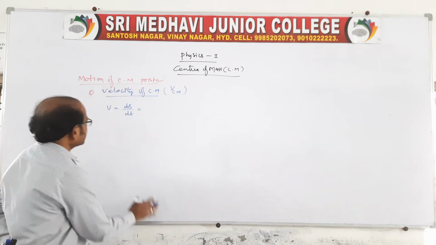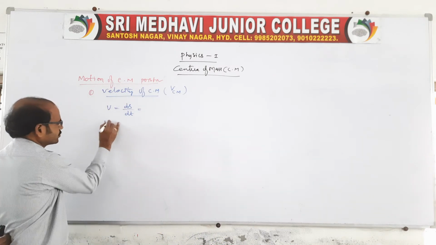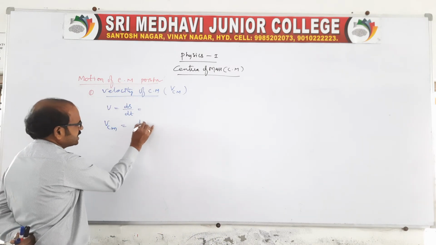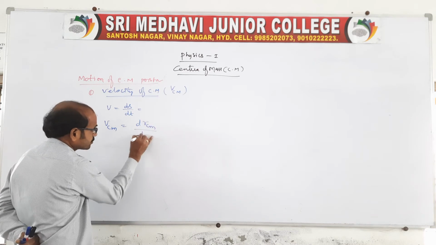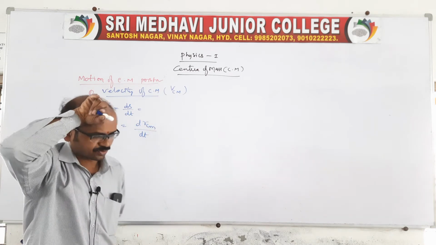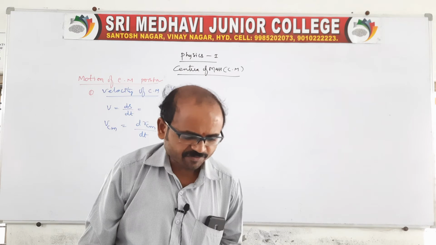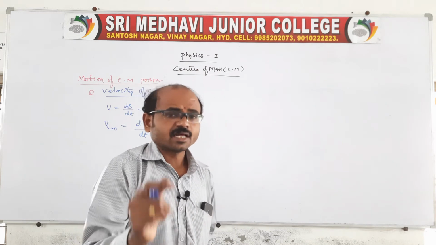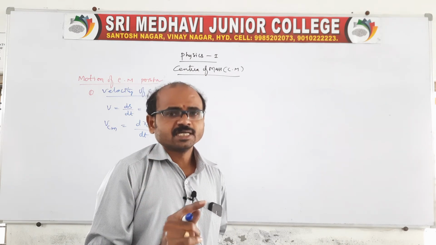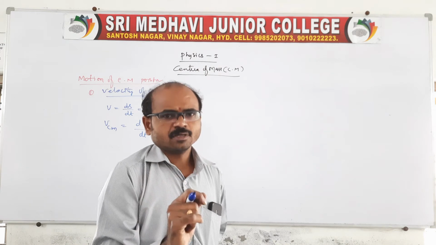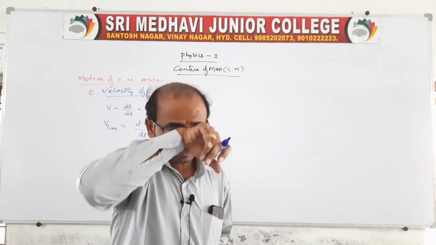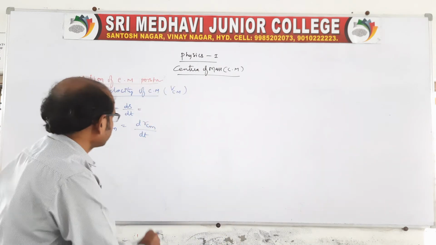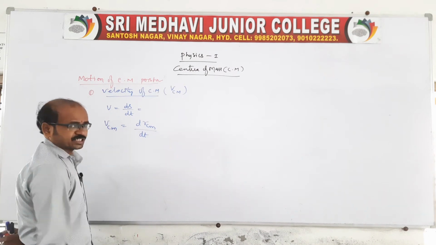But in case of the velocity of a center of mass, VCM is equal to dRCM by dt, because it is in terms of position. The rate of change of position with respect to time is the velocity of the center of mass position.